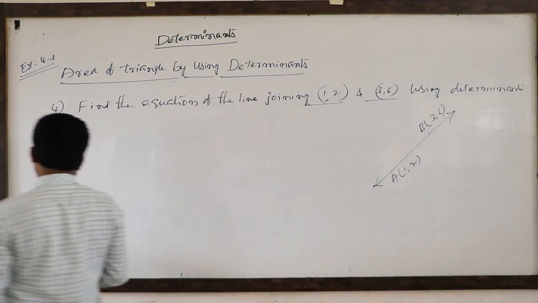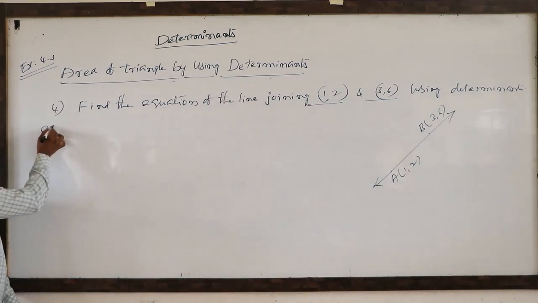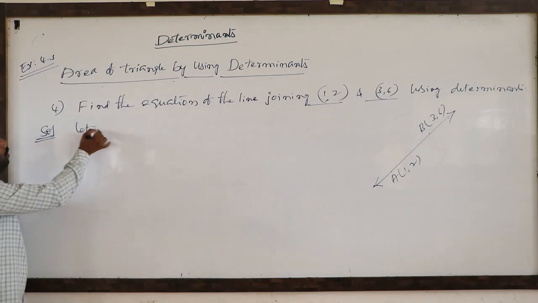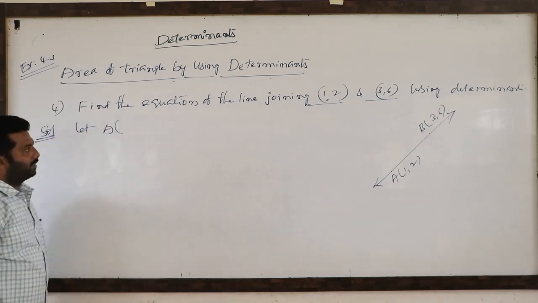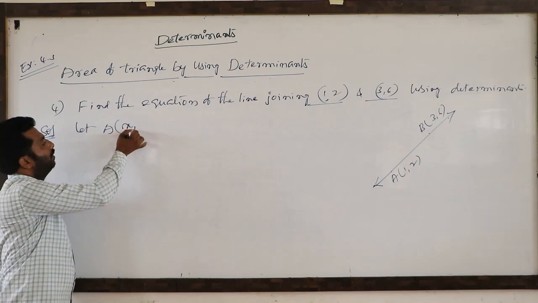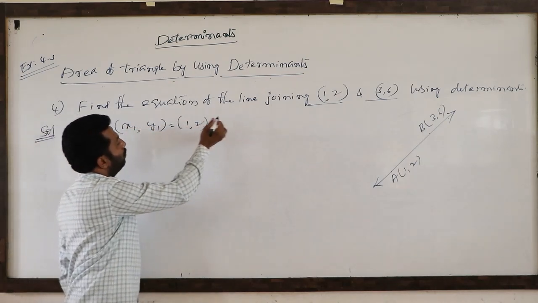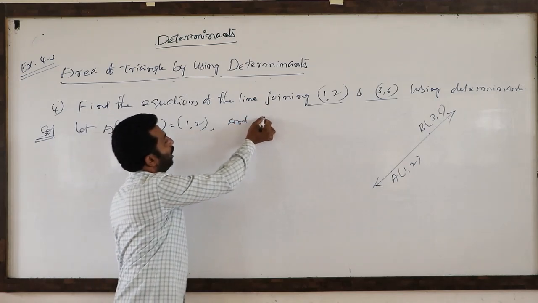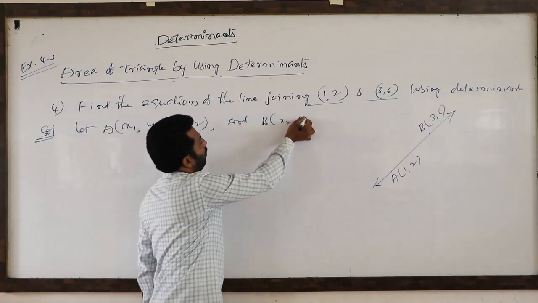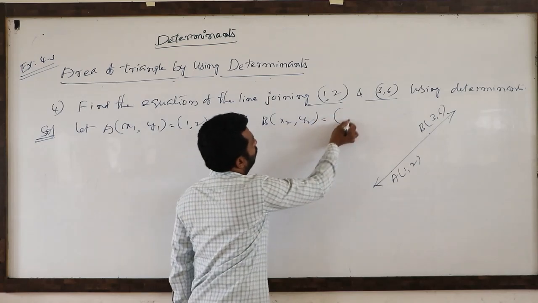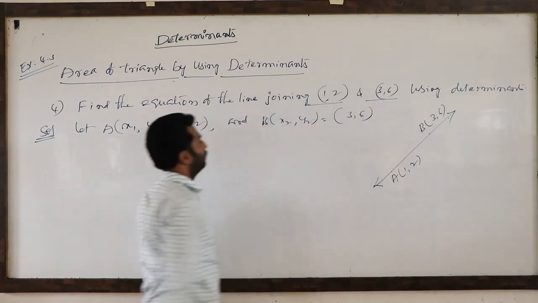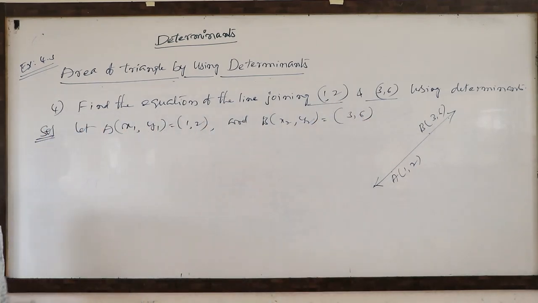So just observe. We are assuming like this: let A of x1 comma y1 equal to 1 comma 2 and B of x2 comma y2 equal to 3 comma 6. We are assuming like that.